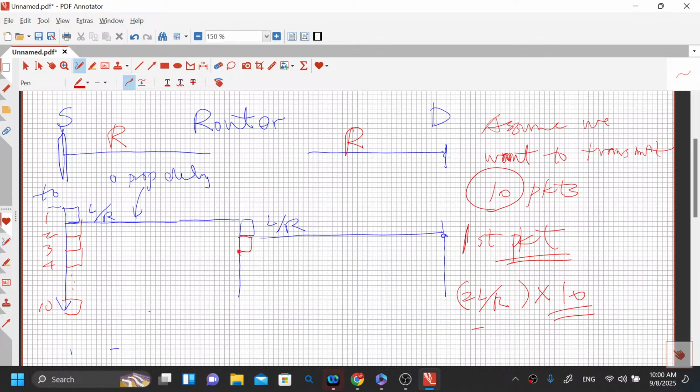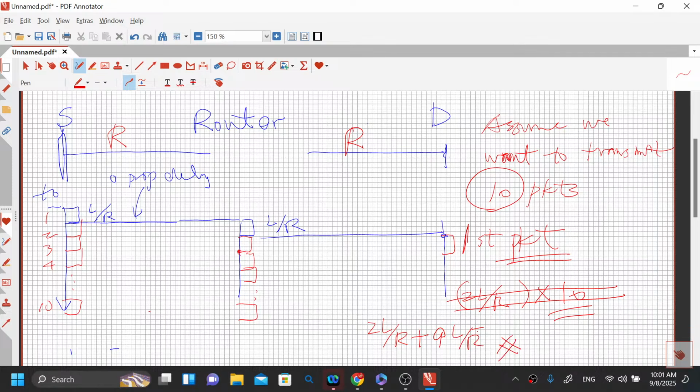Sorry, something is wrong, I should make a correction. This is the first one, and then for the others, it should be 2L over R, 8, 9L over R. That should be the correct one.